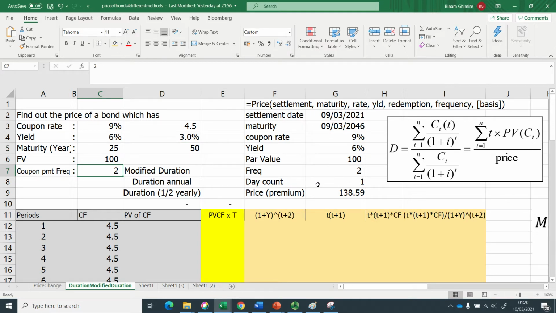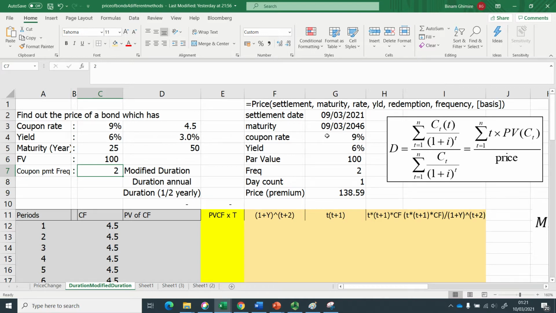Those of you who are not familiar with this bond price computation, please see my previous video wherein I have provided 4 different methods of finding the price of a bond.